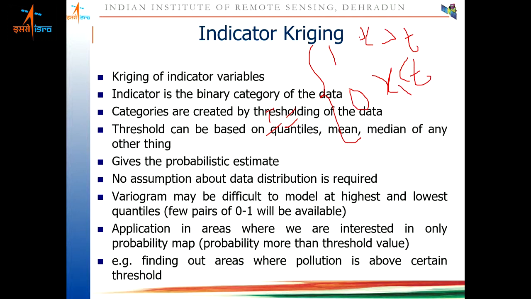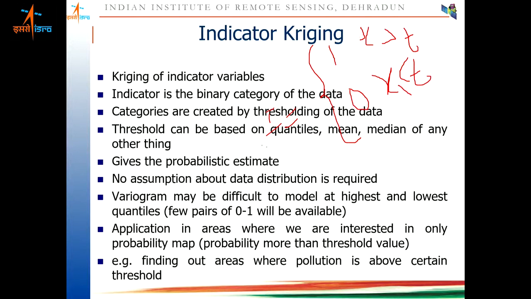If your sample value is less than threshold value, then indicator value will become 0. So this way from float type data of pollution level you will get 1 and 0 kind of data after applying this threshold condition.